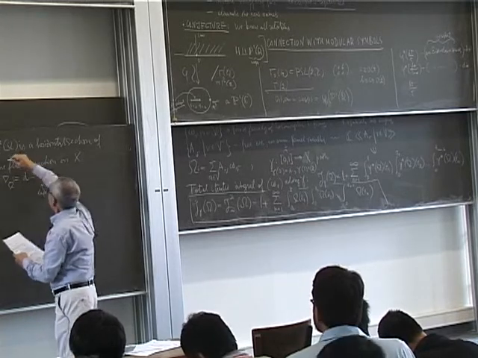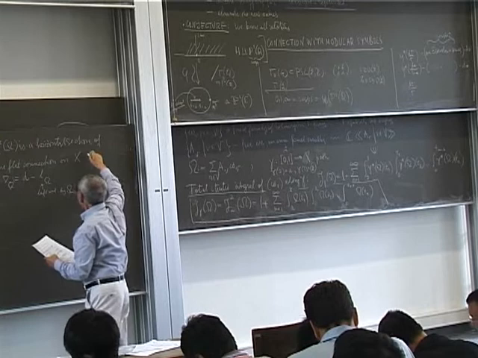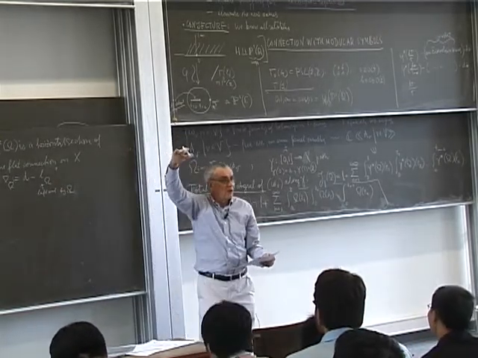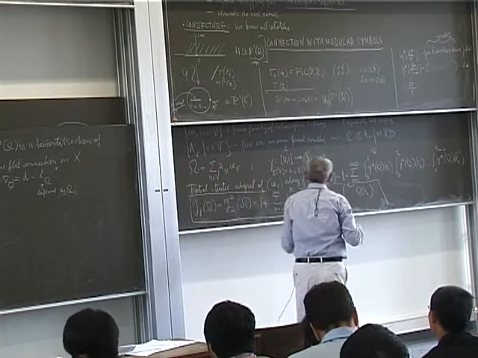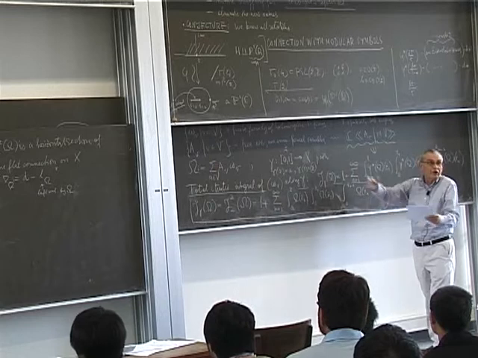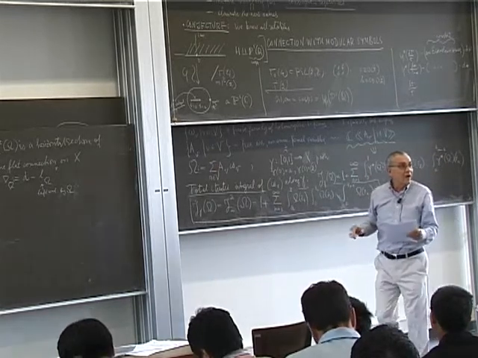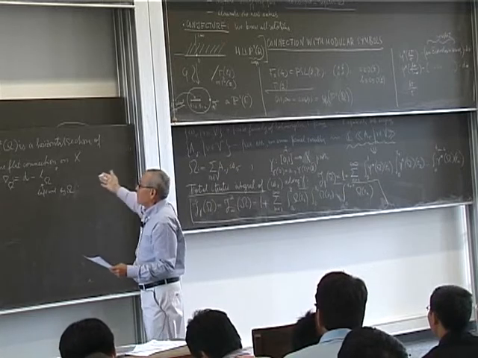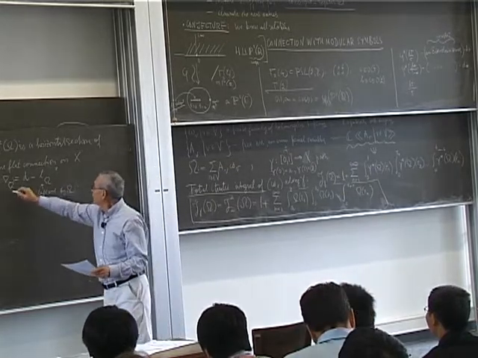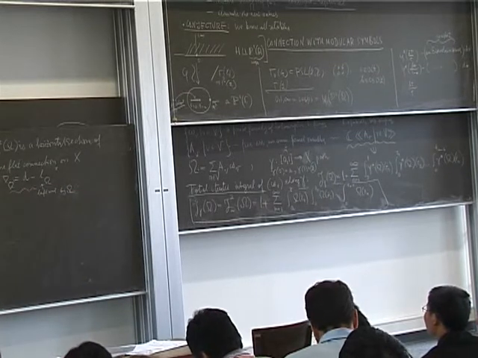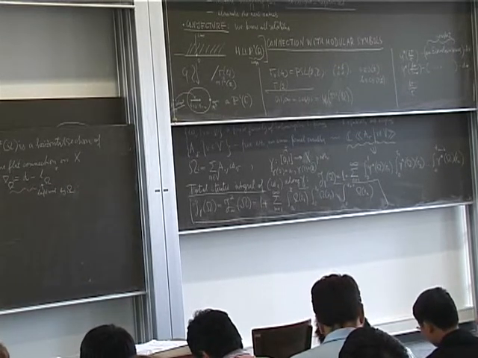Well, this all should be in inverted commas, of course, because the fiber is infinite dimensional. The fiber consists of these series. But okay, it's a trivial fibration with infinite dimensional fiber, and I can define the connection in this way. And then this equation just says that this is a flat connection.